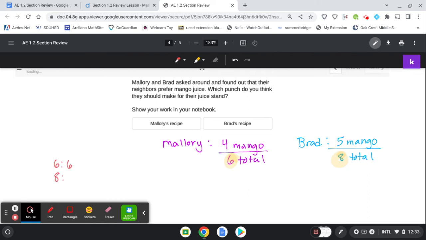So the multiples of 6 are 6, 12, 18, 24, 30. Multiples of 8 are 8, 16, 24, 32. So as you can see, they both have 24 in common. So we're going to rewrite each fraction over 24.